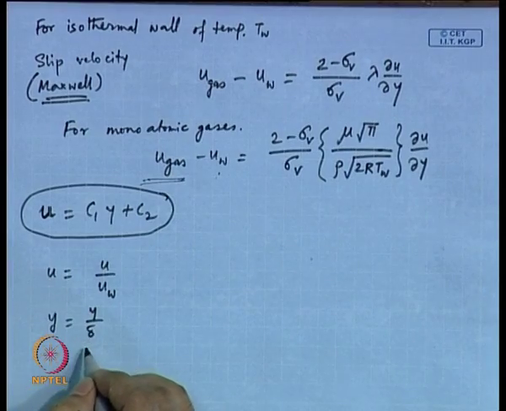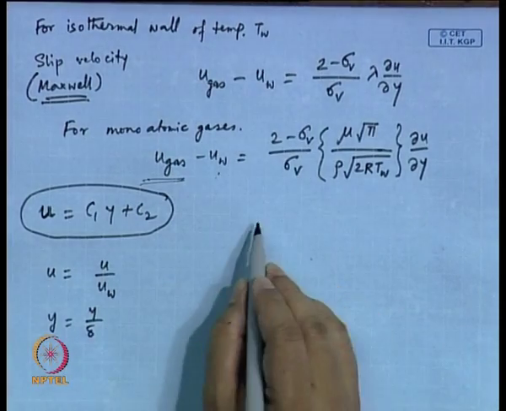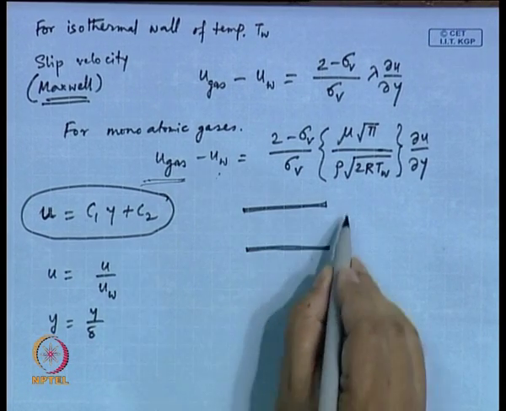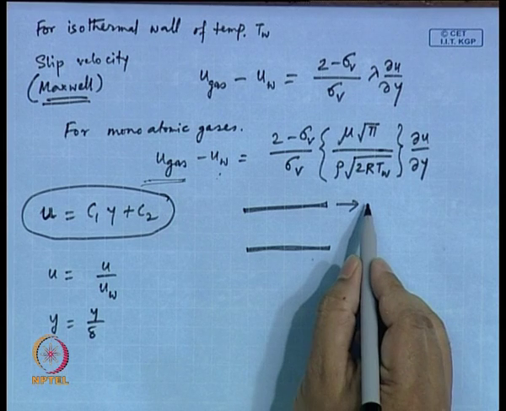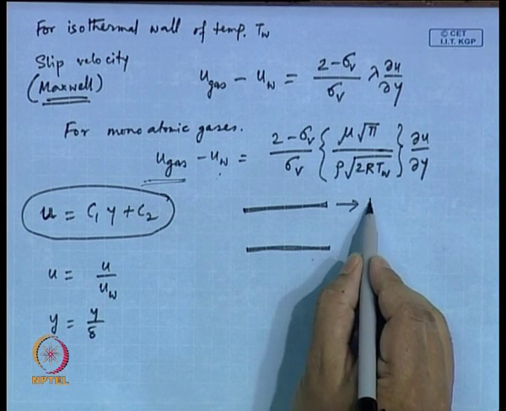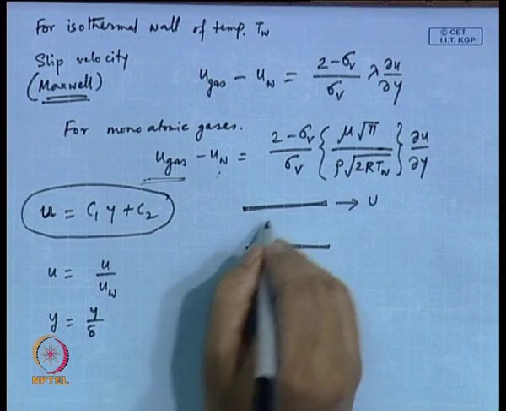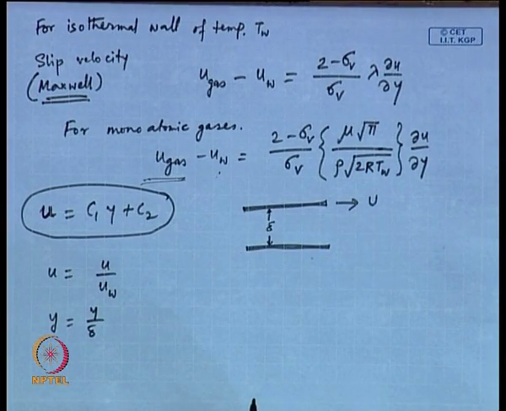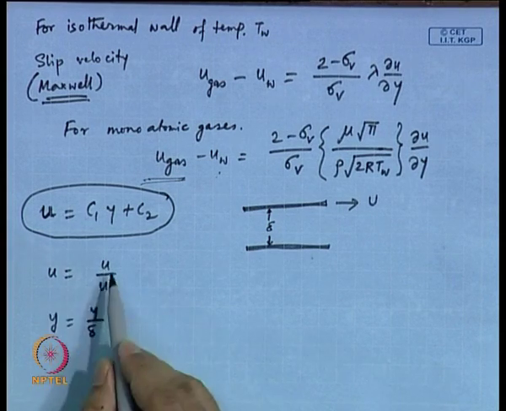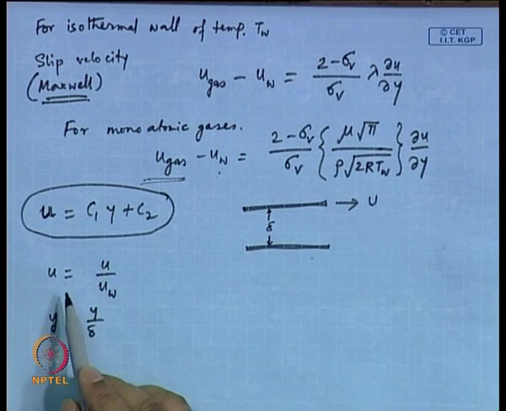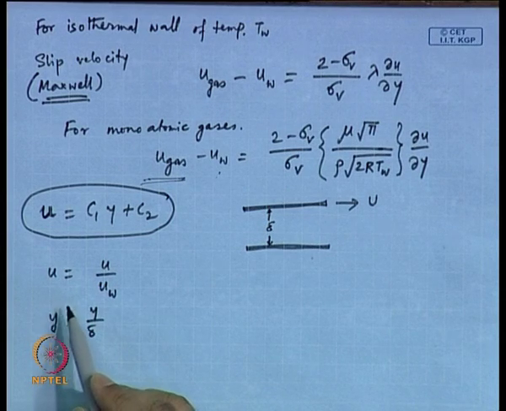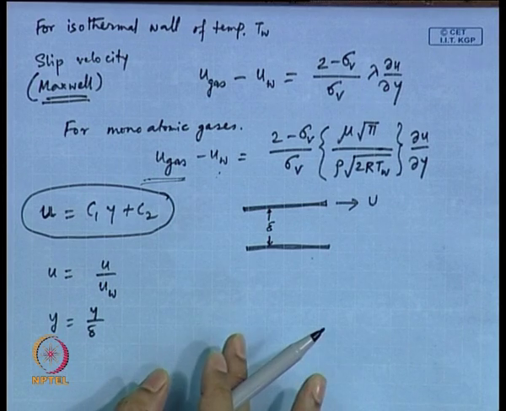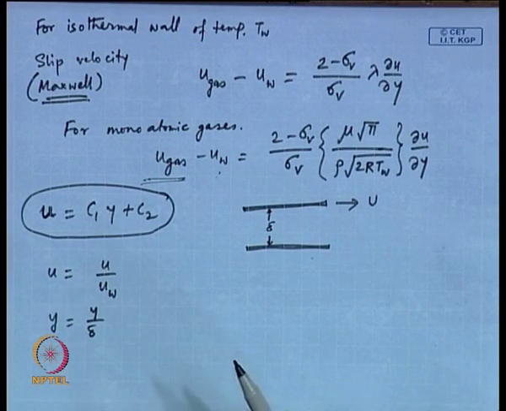So, instead of h, we are writing this as delta. Our basic structure remains same, that means we have two plates. One plate is moving at a velocity capital U, and this distance is delta. So, let us write u as u by uw. We should have given some other name, but we are not doing it. I thought we are mature enough to play with this. So, y is equal to y by delta.